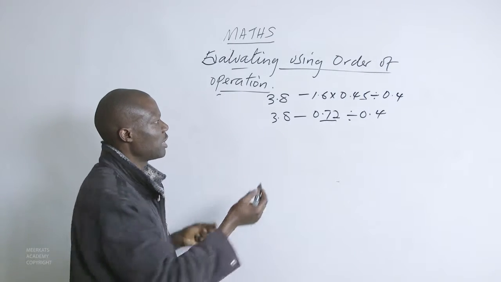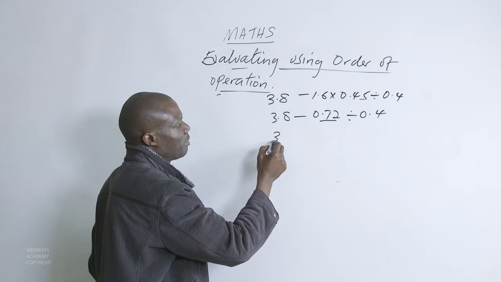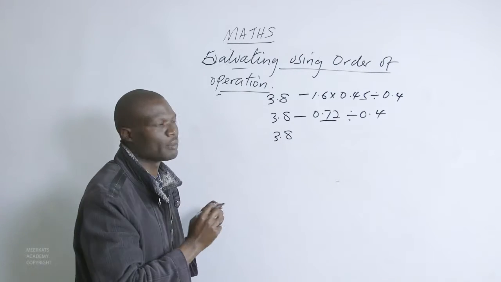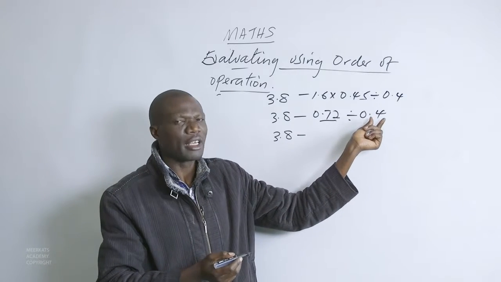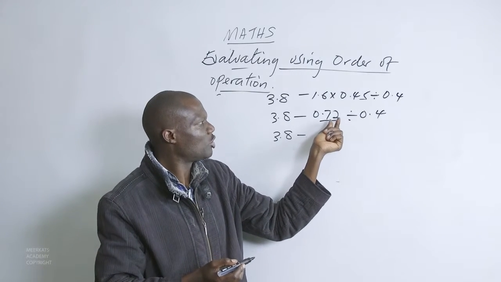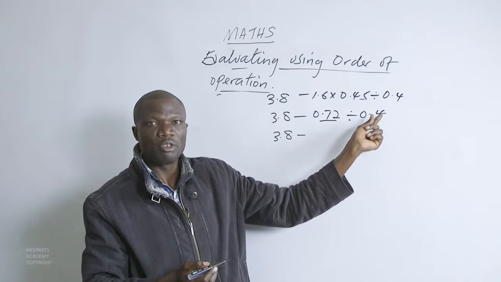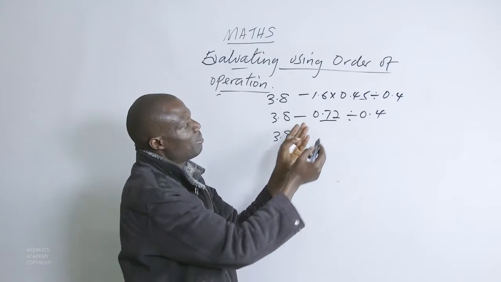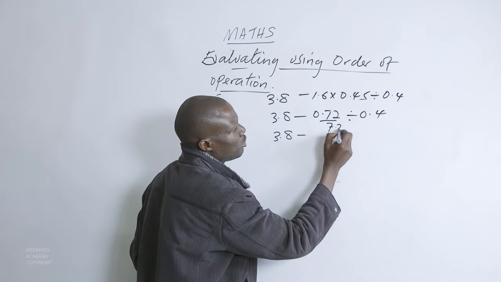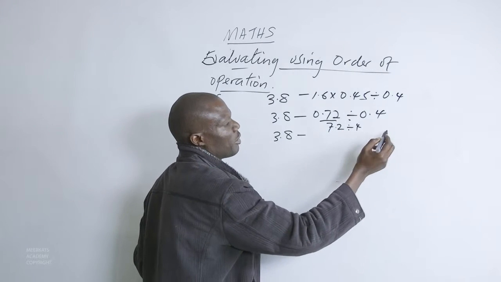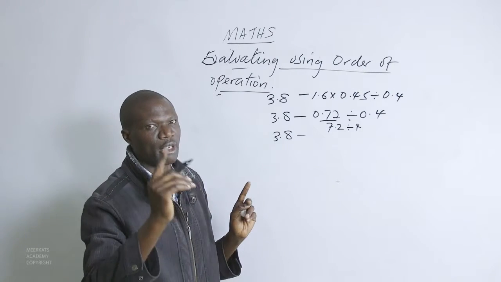4. So if that is the case, you'll have 3.8 here, minus 7.2 divided by 4, since 0.72 divided by 0.4 is the same as 7.2 divided by 4 when we move the decimal point to the right once.